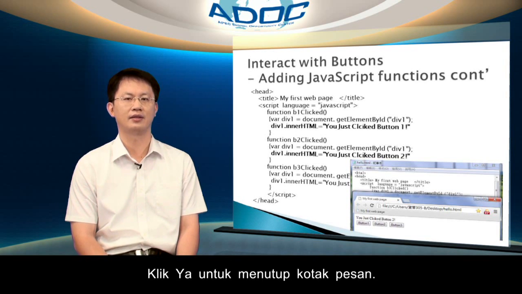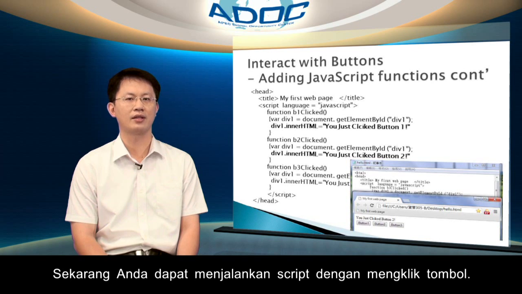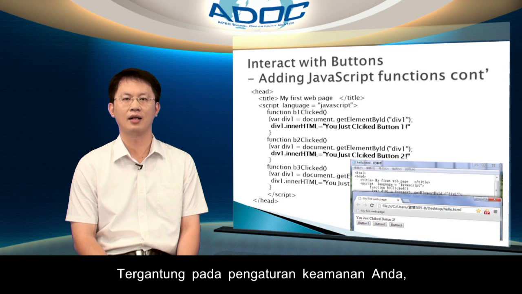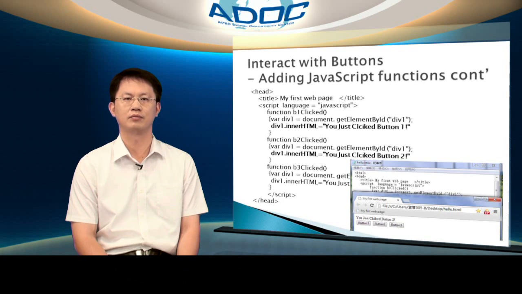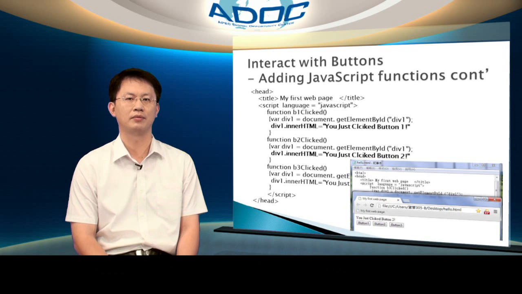Click Yes to close the message box. And now you can execute the script by clicking the buttons. Depending on your security settings, you typically won't see the problem on pages you installed on your ISP and download from the web.